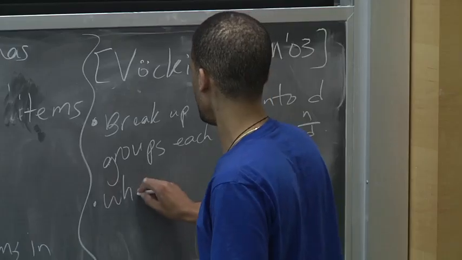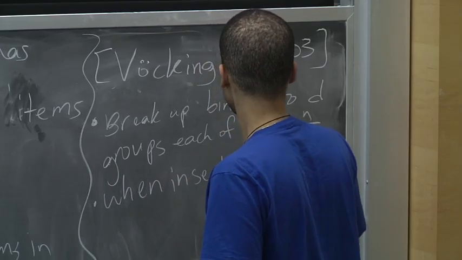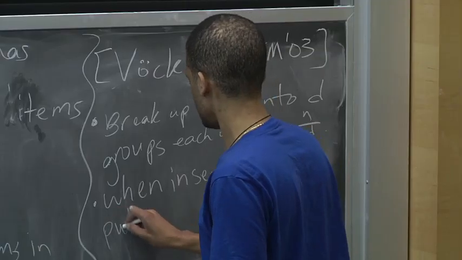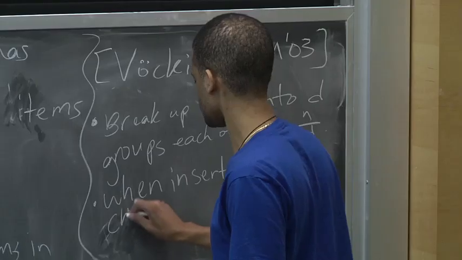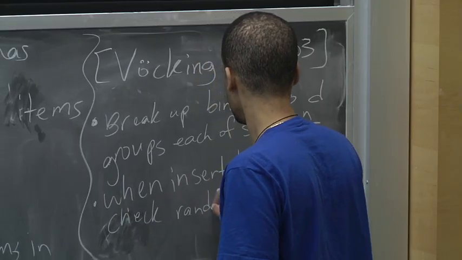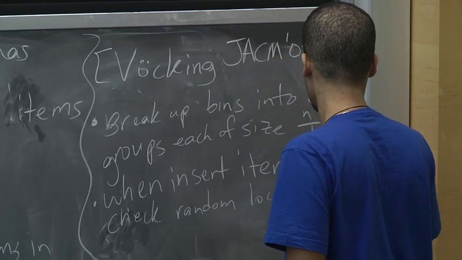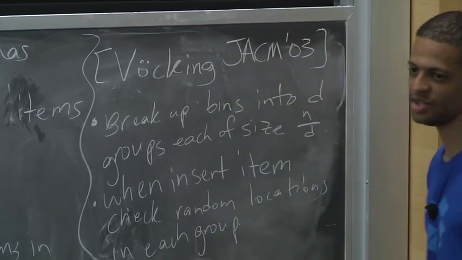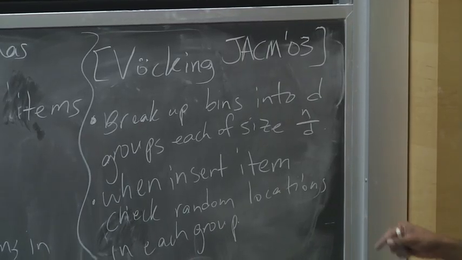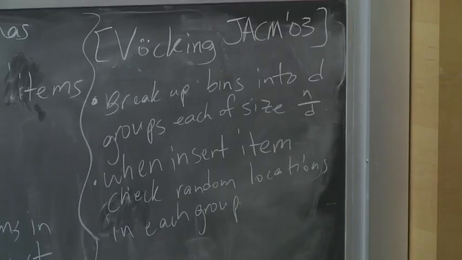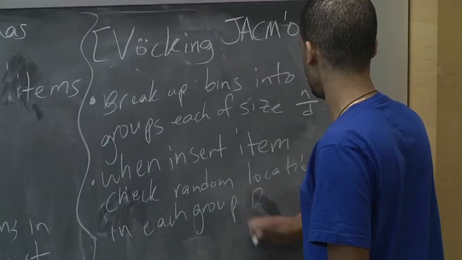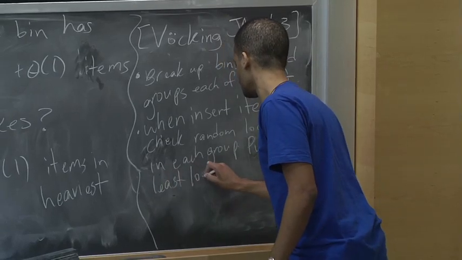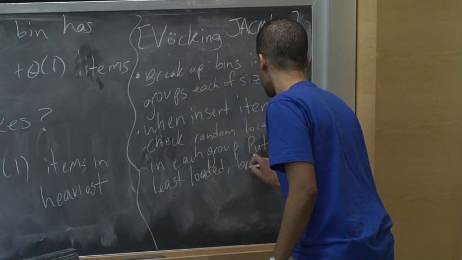When you insert an item, check random locations in each group. So it's not just d random locations, period. It's one random location per group, which is d locations. And put in the least loaded and break ties.